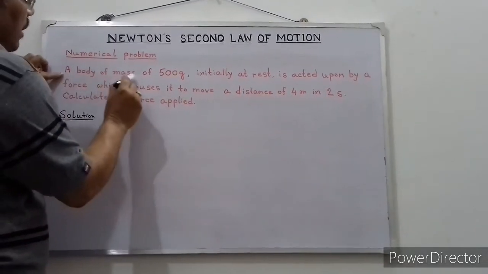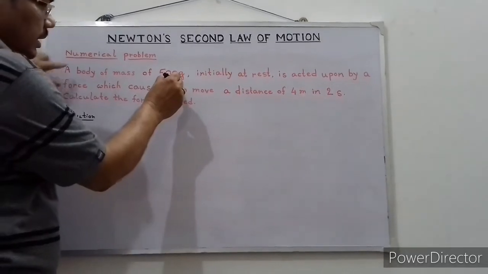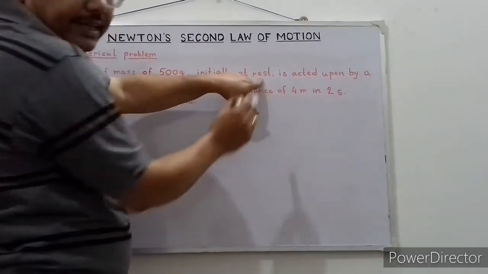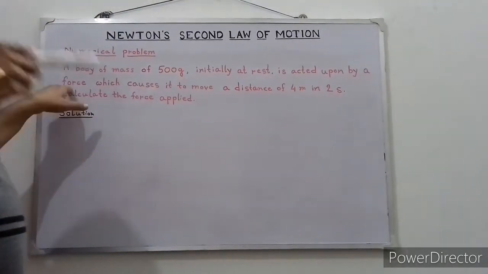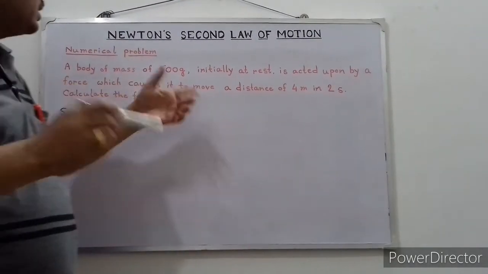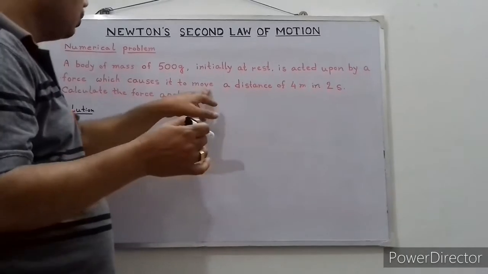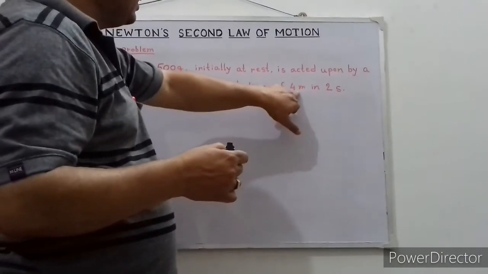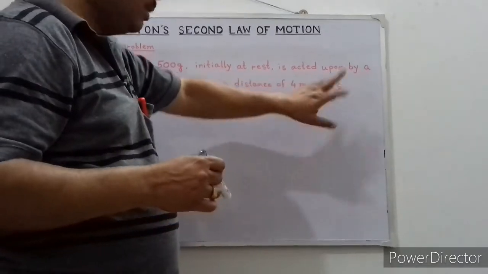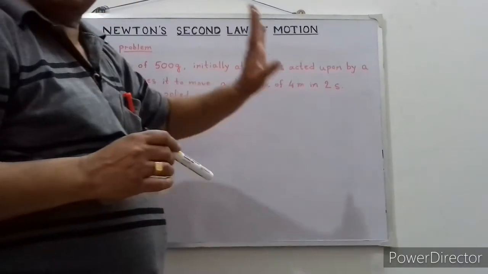A body of mass 500 gram, initially at rest, there is no motion, is acted upon by a force, that means a force is applied which causes it to move a distance of 4 meter. The body traverses a distance of 4 meter and the time taken is 2 seconds.